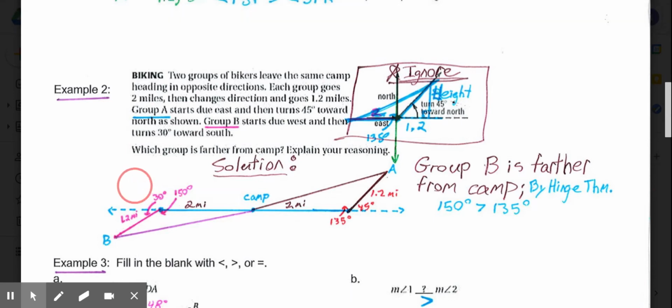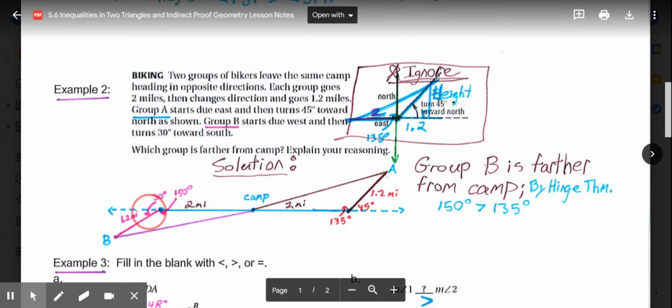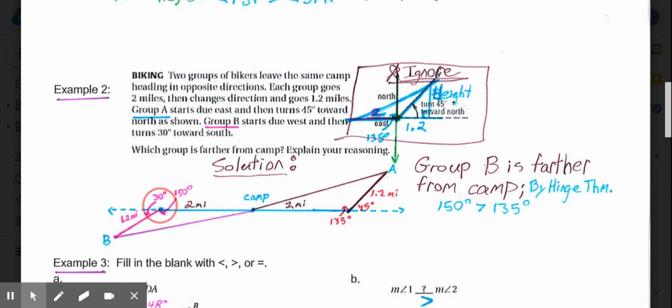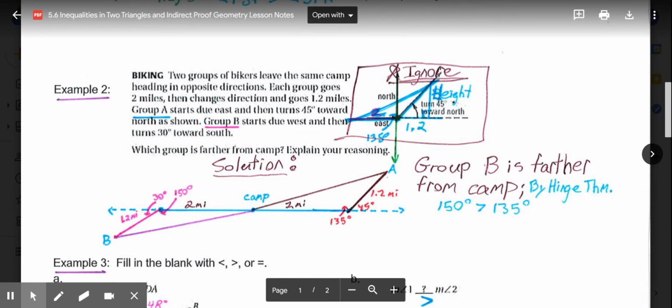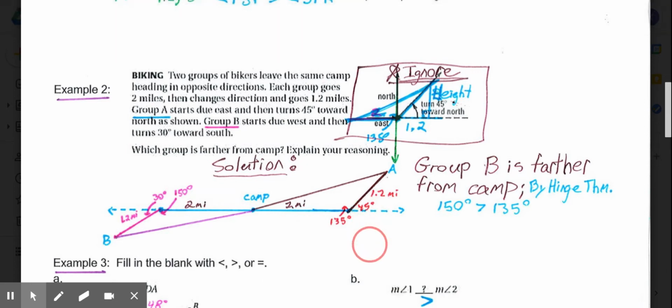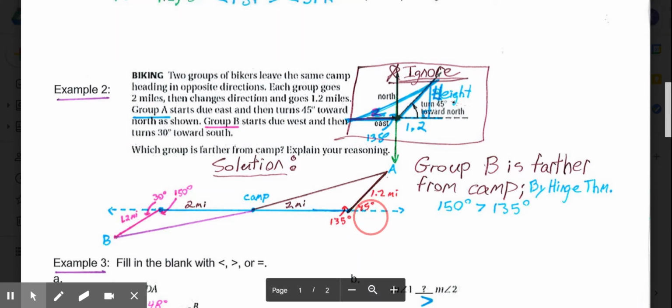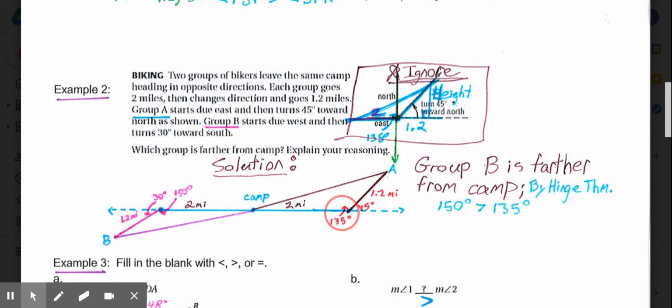If this is 30 degrees out here, 180 minus 30 gives me this interior angle of 150. Then this one's 45, so 180 minus 45 gives me this interior angle of 135.